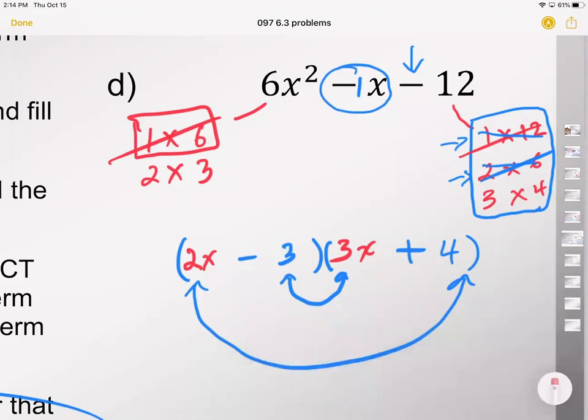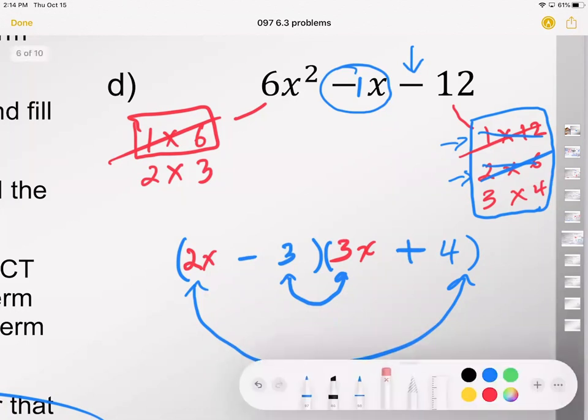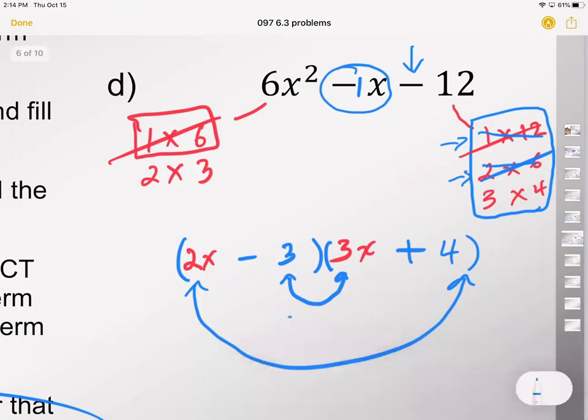So now if I switch it, do you agree that what I have is -3 times 3, which will give me a -9, and 2 times 4 to give me a +8? One positive, one negative, so we have to subtract them. And if I subtract them, I keep the sign of the larger number, which in this case is 9.